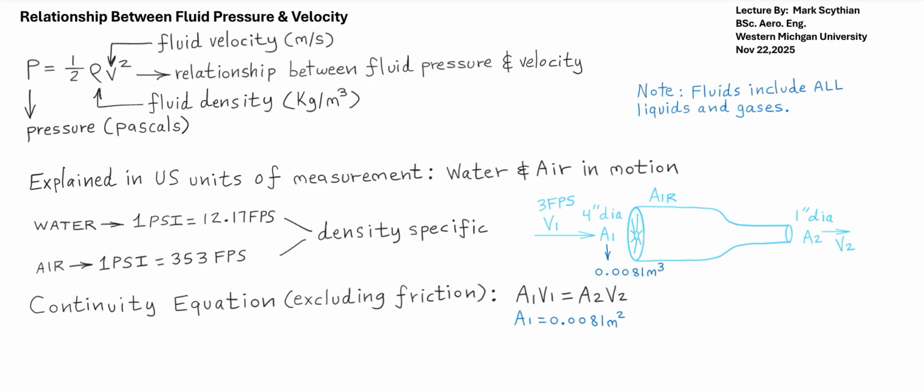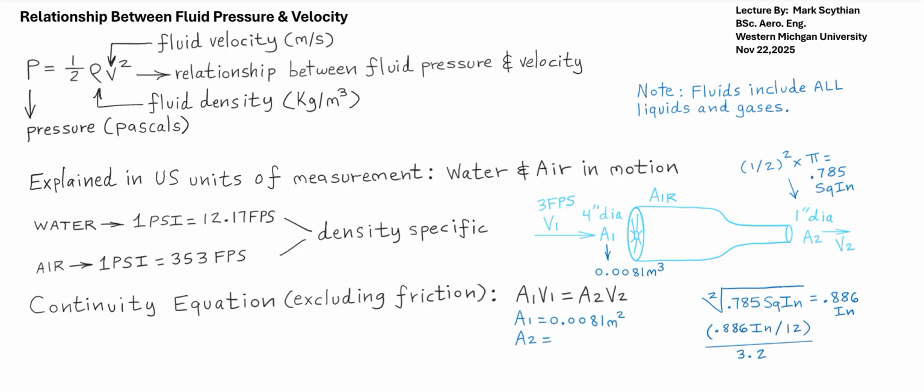And then we do the same for the area 2. So that's 1 inch diameter divided by 2 squared times pi. We get 0.785 square inches. We find its square root to get linear inches, divide that into 12 for feet, and then divide that into 3.28 for meters.